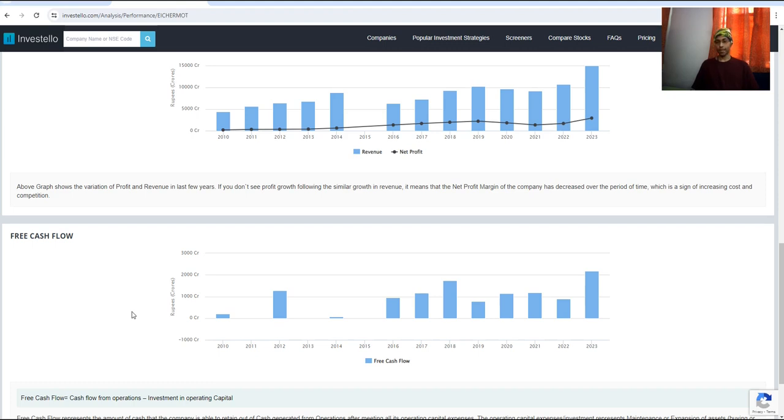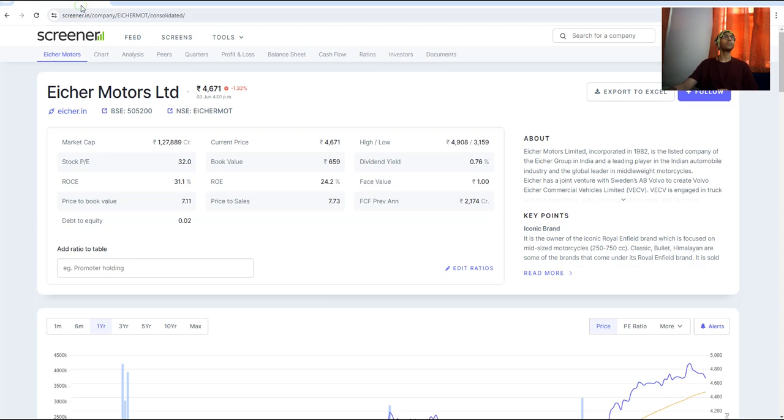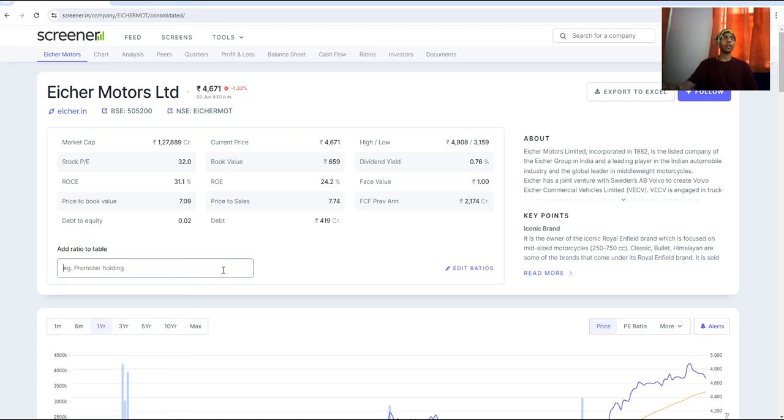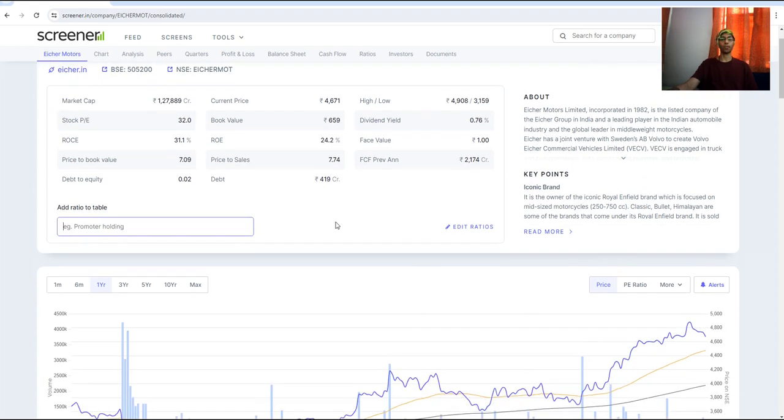The next is the cost of capital. So friends, you can see if you search in Screener, the debt for Eicher Motors is 419 crore, right? Currently it is 419 crore.